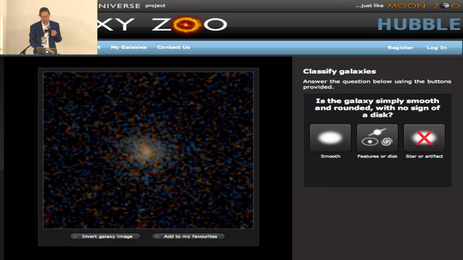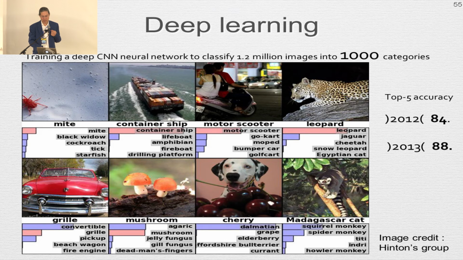But in the last couple of years, there's been an enormous advance, especially in image processing, in an area called deep learning. And this is an example of a system from Google that does deep learning just to classify what image they're looking at. And as you can see at the top, it does remarkably well. You just give it an image and it says, okay, that's a container ship, that's a leopard. Even in cases where it gets it wrong, it's in the way a human might.